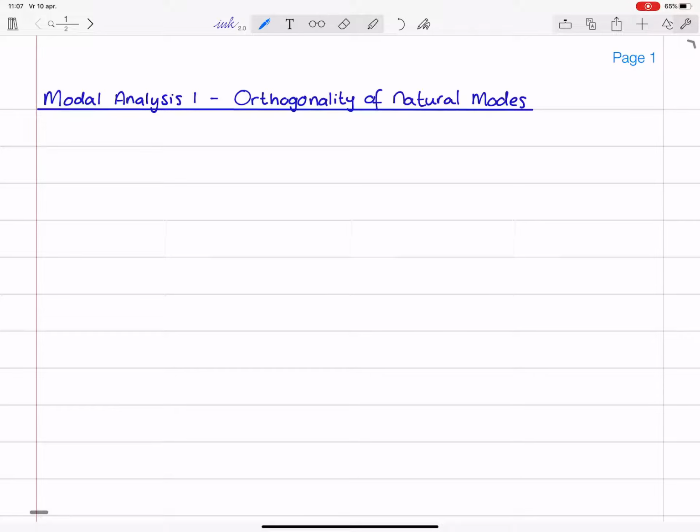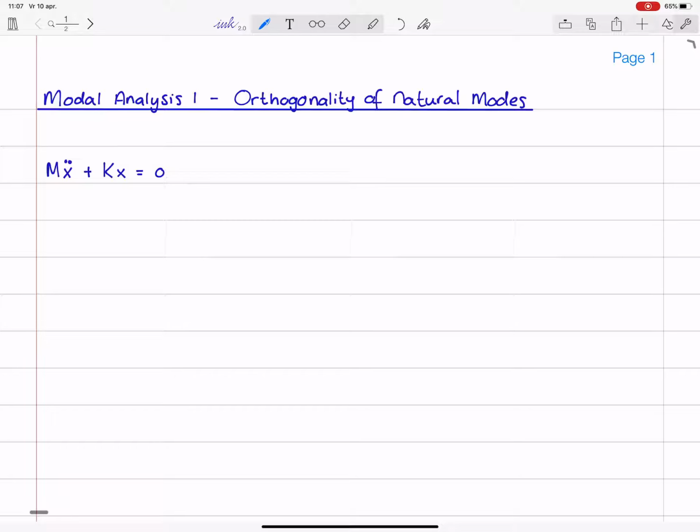Okay. Let me start off by recalling the form of the equation of motion of an undamped homogeneous MDOF system. It looks like this, where M and K are the mass and stiffness matrices. Now, using techniques we have discussed before, we are able to derive the natural frequencies and corresponding natural modes. Now, let me just pick two arbitrary natural frequencies and corresponding natural modes.